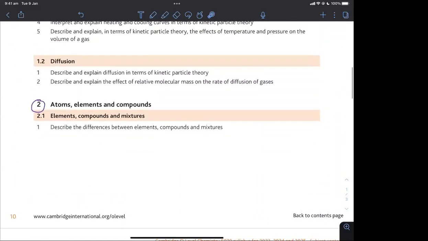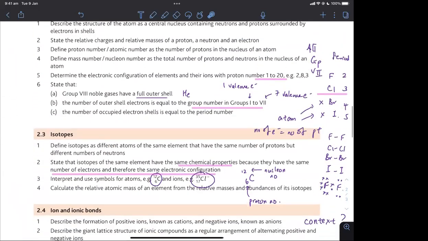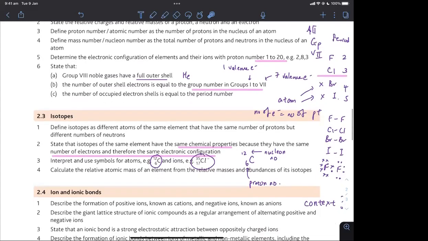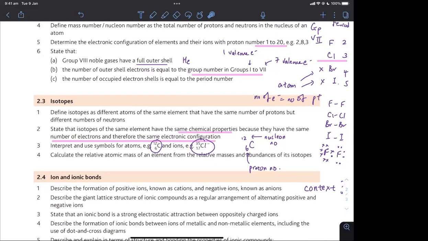The syllabus is a great document because you see proton number, atomic number, definition, mass number, or nucleon number, definition. The syllabus is provided for everyone, so everyone had the same opportunity. I'm simply showing you that if you use this document fully, you don't just read it, you use it fully, and you know that this is in the syllabus, you will be fine.